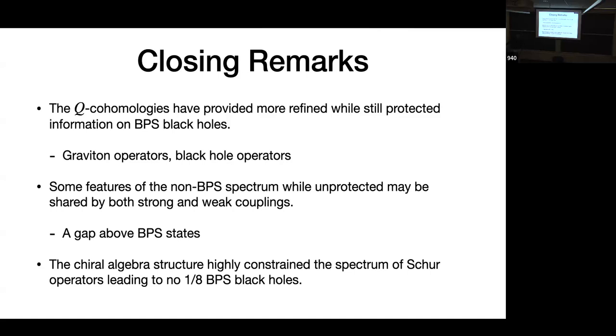Right, and even these cohomologies. But there is another version of the chiral algebra, the semi-chiral ring, which captures the entire 1/16 BPS sector. So in that framework, is there a way to characterize the graviton operators?